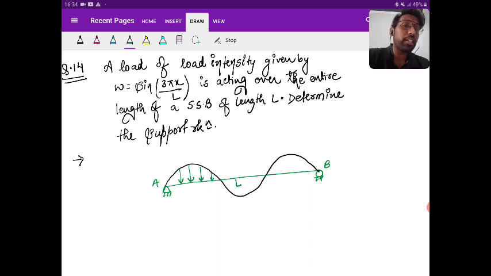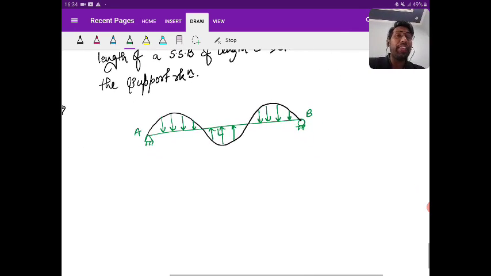So if this is your loading diagram, you can see the loading. Now again there is a symmetry, and if there is a symmetry, then whatever is the total load will be given equally to both the supports.